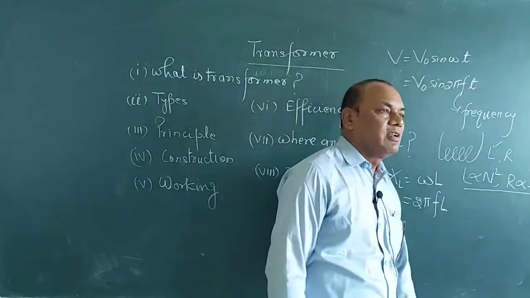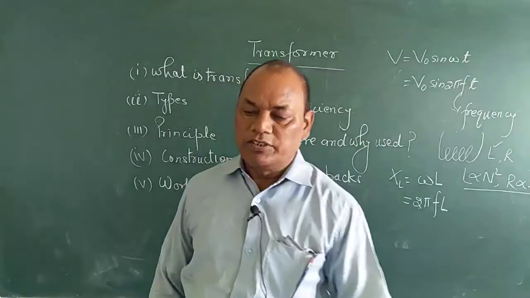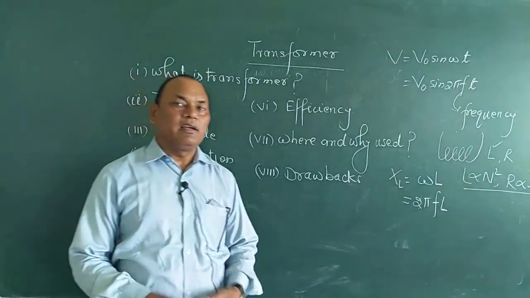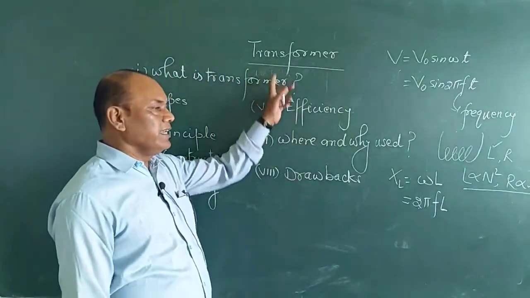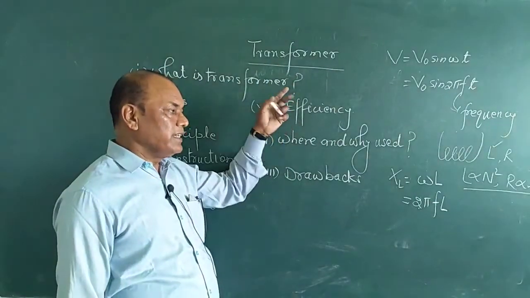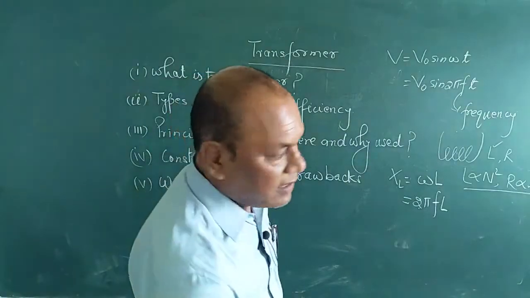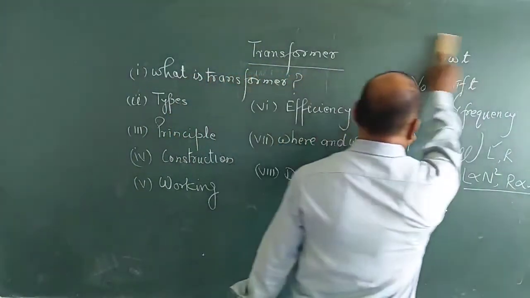So this is the reason why this transformer is used only for changing alternating voltage or alternating current. So finally listen, transformer is a device which changes alternating voltage or alternating current.